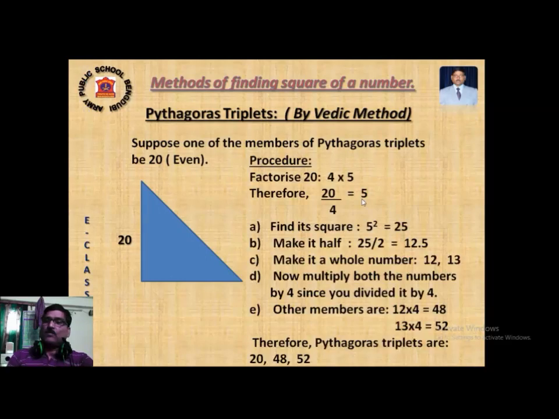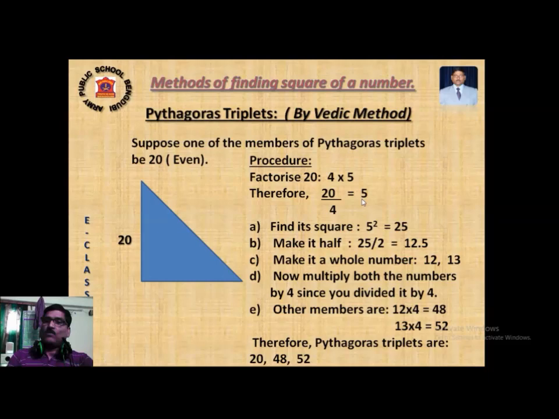Once you are getting an odd number, follow the odd number rules. Find its square, 25. Make it half, 25 by 2, that is 12.5. Make it whole, it will be either 12 or 13. But these 12 and 13 you have got after dividing by 4. So now we have to increase them by multiplying by 4.